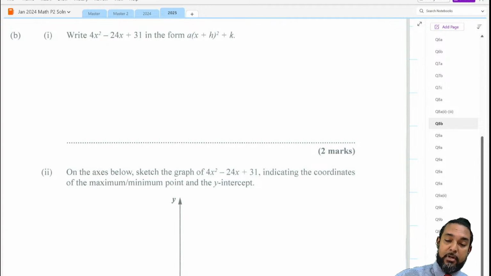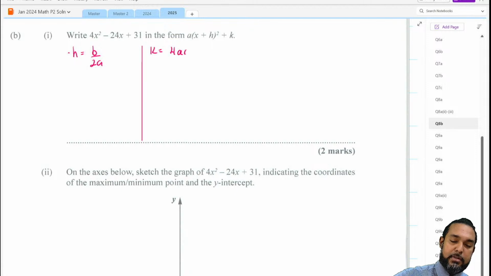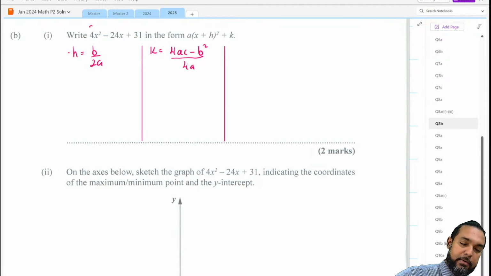Do you remember your formulas for h and k? h is simply equal to b over 2a. k is a little more involved: it's 4ac minus b squared all over 4a. Remember, the coefficient of x squared is a, the coefficient of x is b, and c is the constant. All right, plug it in quickly now, see what you get.